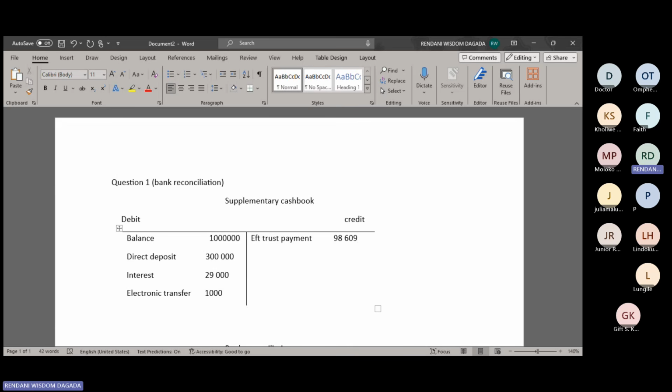And then after that, we are going to continue and say number 7. So number 7 says that an erroneous EFT deposit made into the trust banking account for 330,000, which is already recorded in your cash book, has been reversed by the bank. The reversal is not recorded in your cash book.